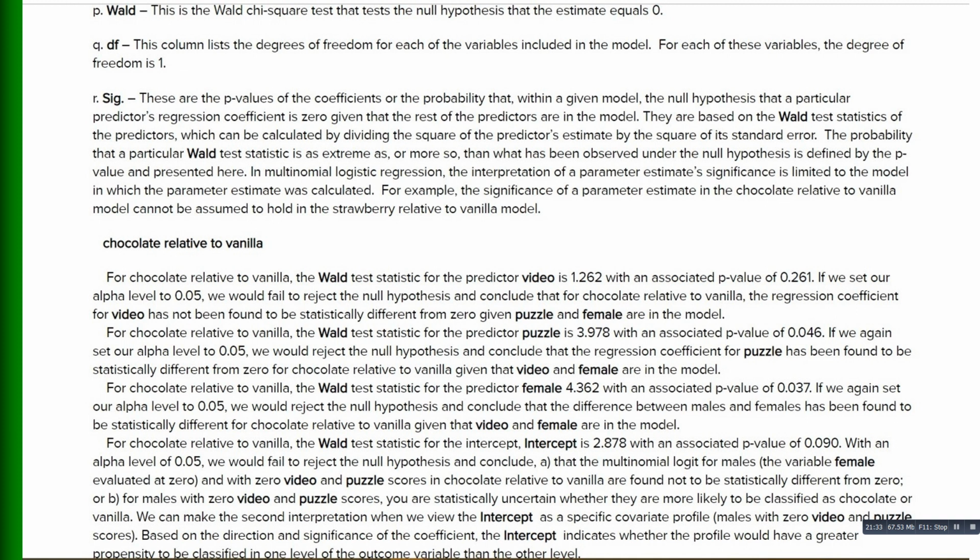For chocolate relative to vanilla, the Wald test statistic for the intercept is 2.878 with an associated p-value of 0.09.